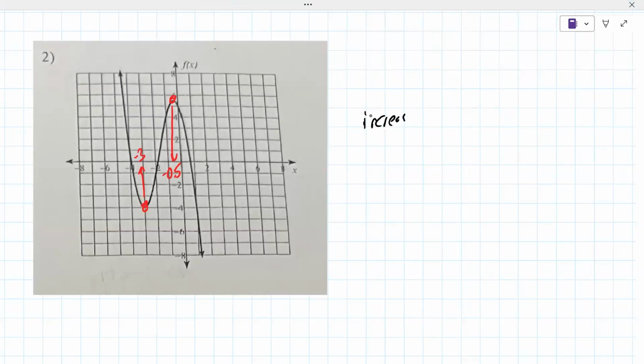That's one of the hardest things for students to remember here, is that it's the x values. So where is this graph increasing? Where is it decreasing? Increasing from -3 to -0.5. Okay. And then the decreasing is the other intervals.